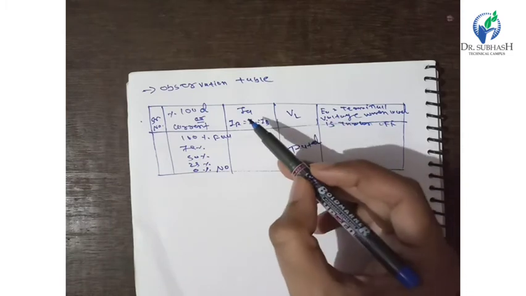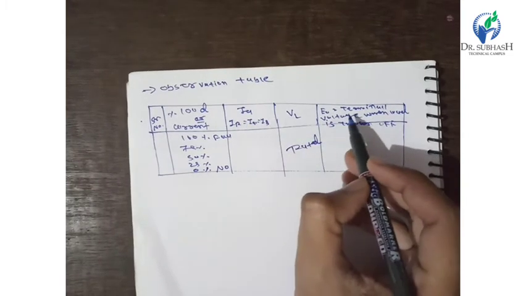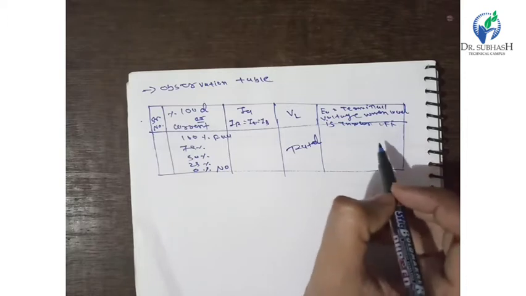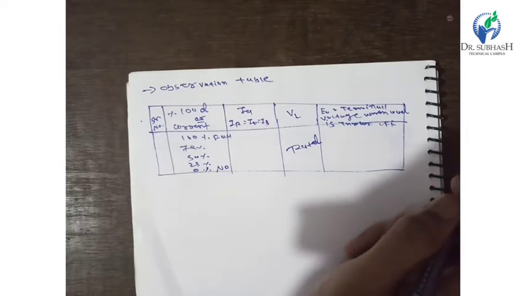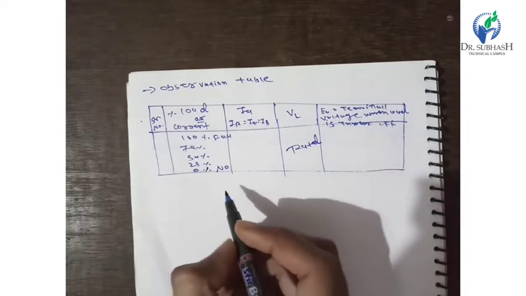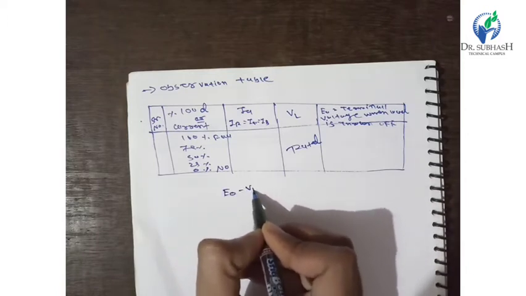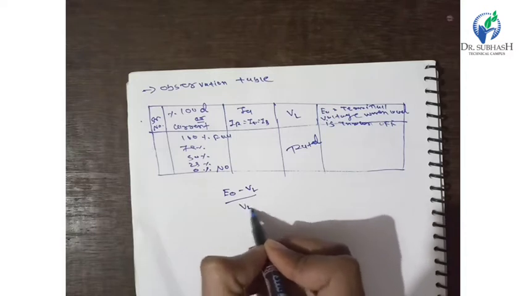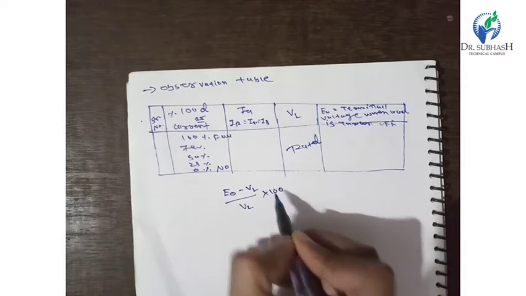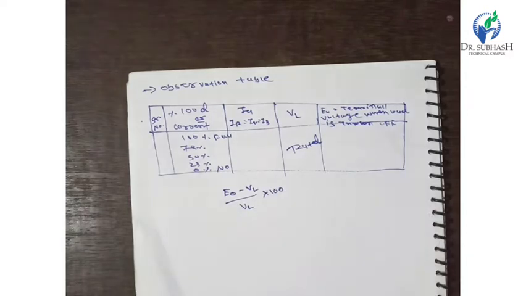So we can find the armature current and terminal voltage when the load is thrown off. For the voltage regulation of the alternator, we use the equation E0 minus VL upon VL into 100 for the percentage of voltage regulation.